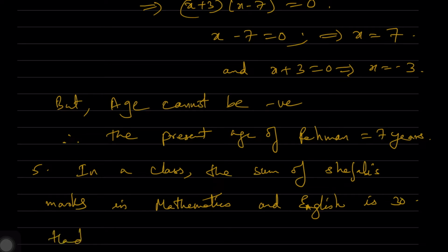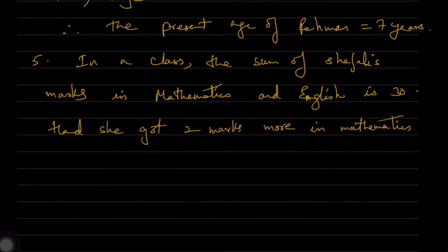Had she got 2 marks more in mathematics and 3 marks less in English, the product would have been 210.